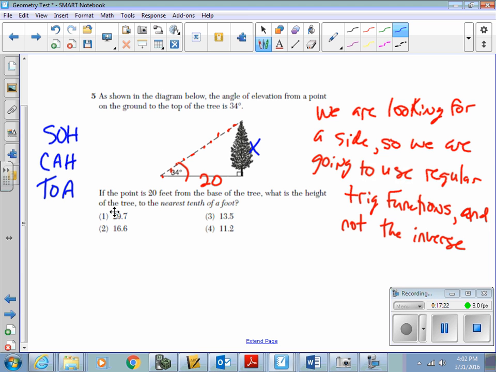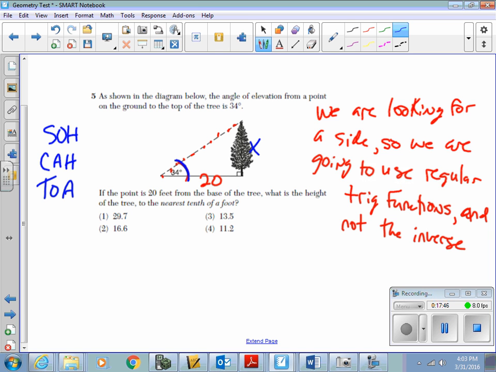All right, which trig function is going to be applicable here? Remember, you're always basing it on our given angle, our reference angle. They gave us the 34. What do we have based on that? This is what you always want to think about: what do you have and what are you looking for?